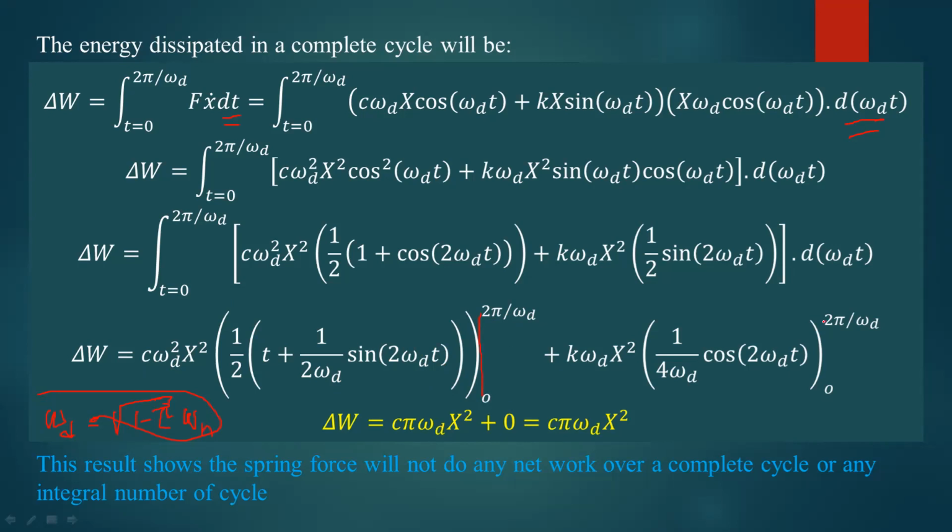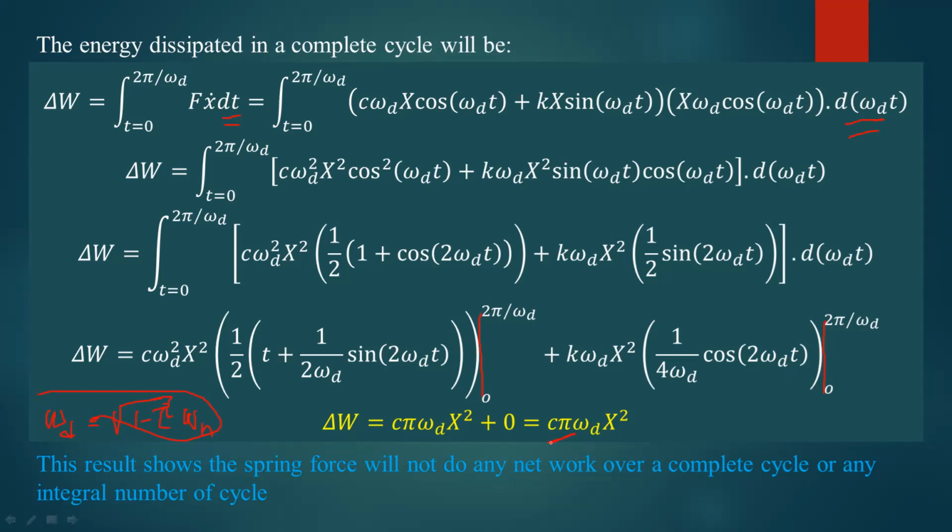Here also in the same manner, by substituting this value in place of omega_d t, finally what we get is the energy dissipated, delta W, equal to C pi omega_d X squared. So this implies that the spring force does not do any net work over a complete cycle.